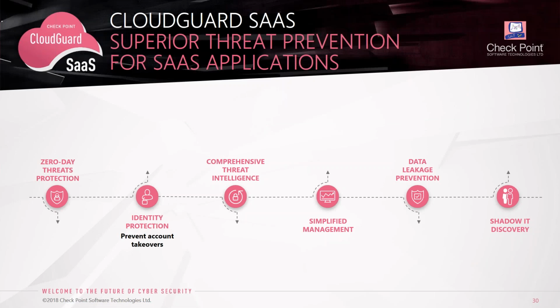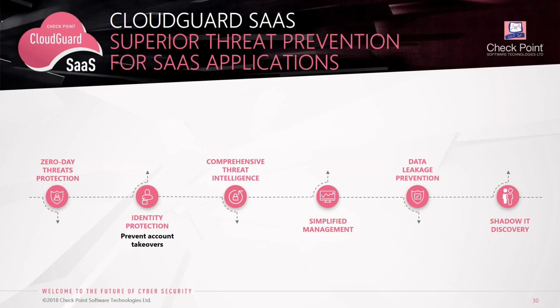So as we come to summarize, CloudGuard SaaS is there to help those who are going to cloud, help those who are using cloud by providing the 0-day threat protection. It's going to ensure that we don't have any account takeover. It's going to validate that there are no silly rules that people are forwarding all their corporate emails out to Gmail or Hotmail or whatever it might be.